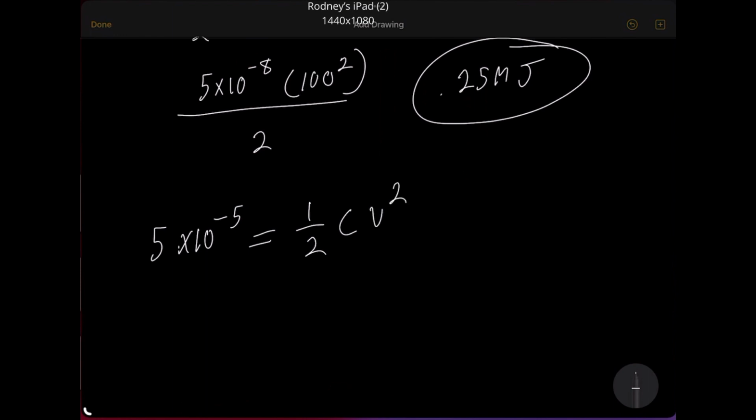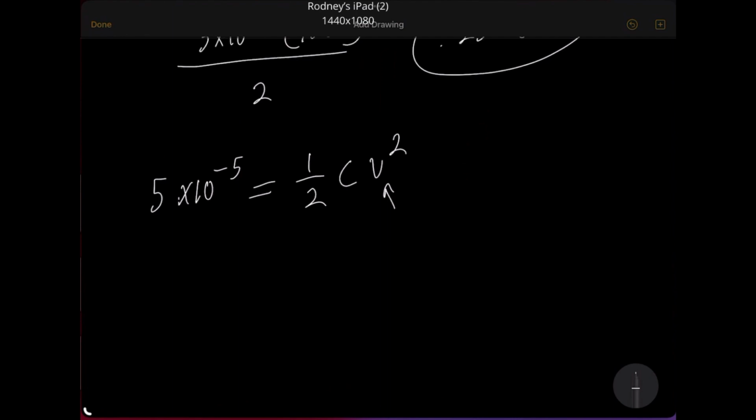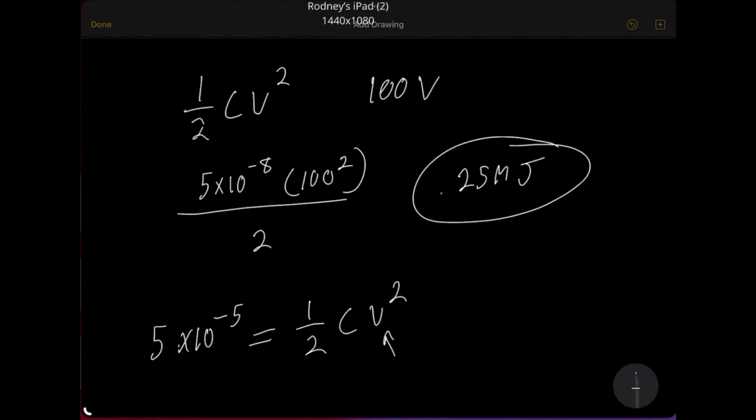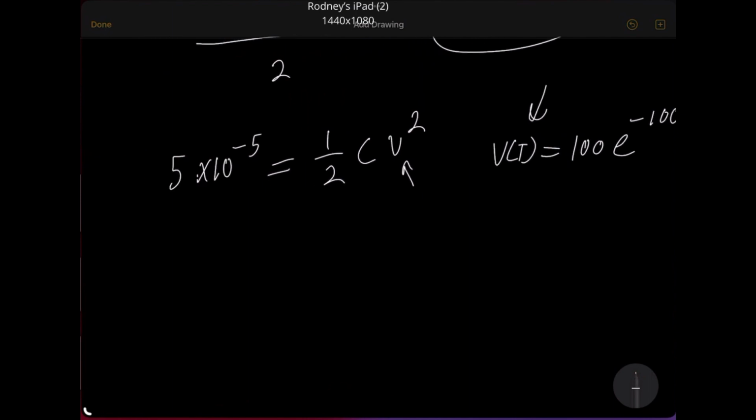And we're going to solve for V because we don't know the voltage. That's going to be our unknown. Then we're going to plug the V that we find back into our original equation of 100 e to the negative 1000 t, and plug it into our voltage value to solve for t, time.